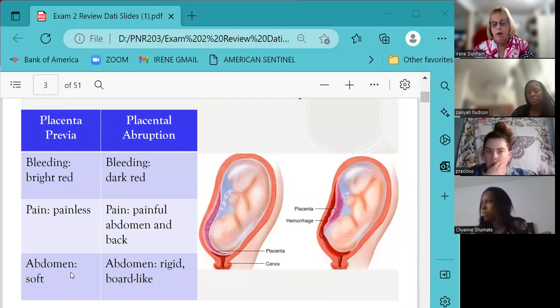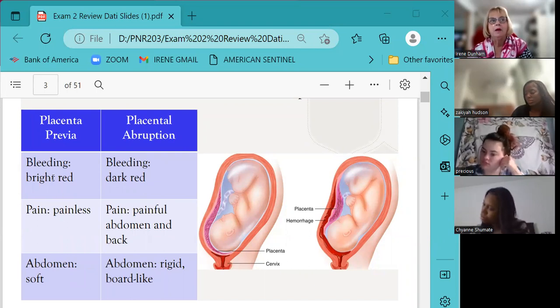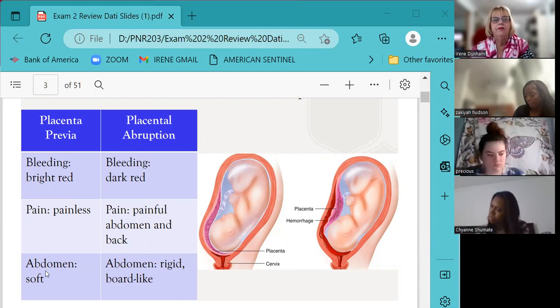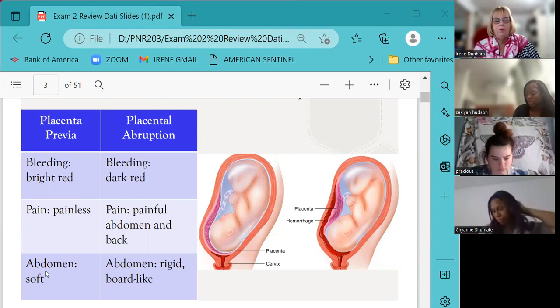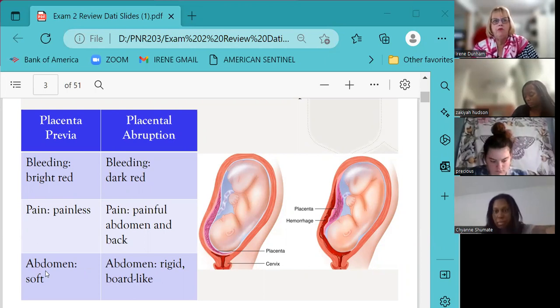Placenta previa is painless, bright red bleeding, and her abdomen is soft. If your abdomen is soft and you're bleeding and you have no pain, you always want to think, where's that bleeding coming from? That would be previa.